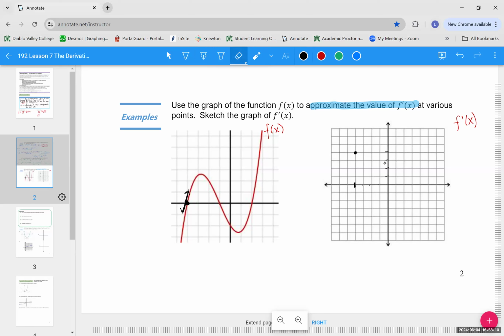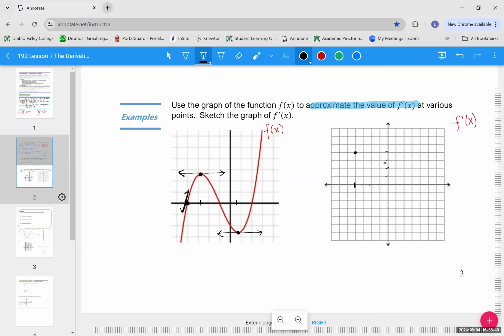Okay, I'm going to erase that extra little bit because if it goes too far, it makes it hard for me to draw more. The very top of the hill of the f of x function is an important point because its tangent line is going to be horizontal there. It will be horizontal at the top of the hill or at the bottom of a valley, right? And what kind of slope do horizontal lines have? 0 slope. So I have two x values.